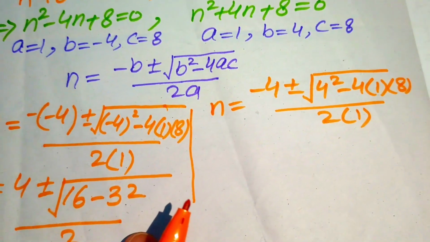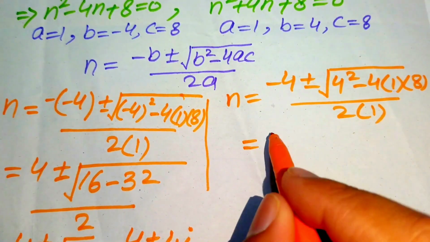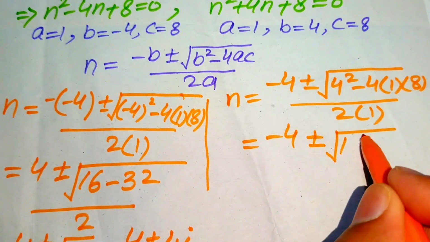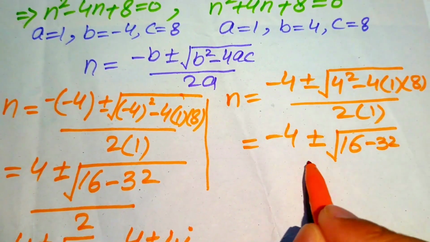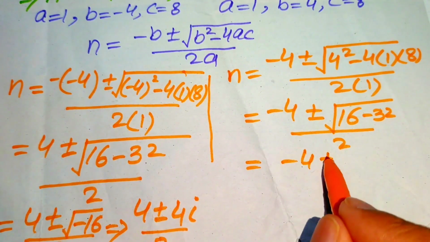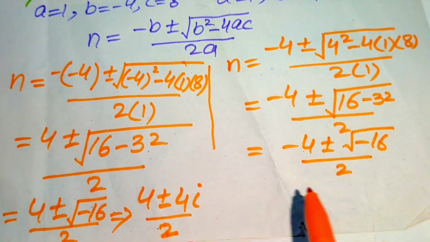So now we substitute all these values in this quadratic formula, and we simplify the terms and we get minus 4 plus minus square root of 16 minus 32 divided by 2, and it will be equal to minus 4 plus minus square root of minus 16, over 2.